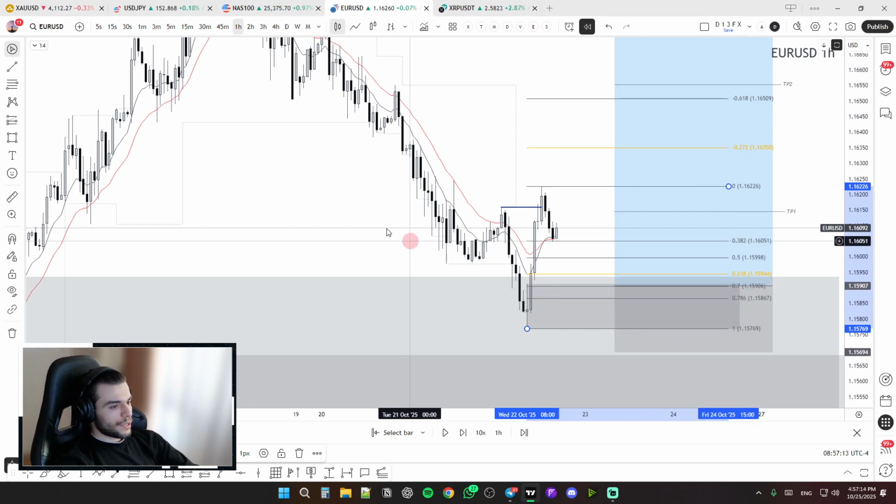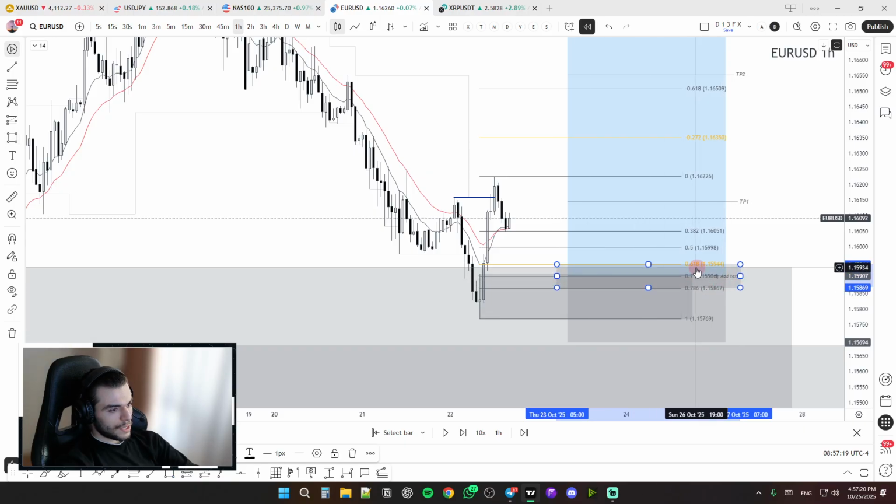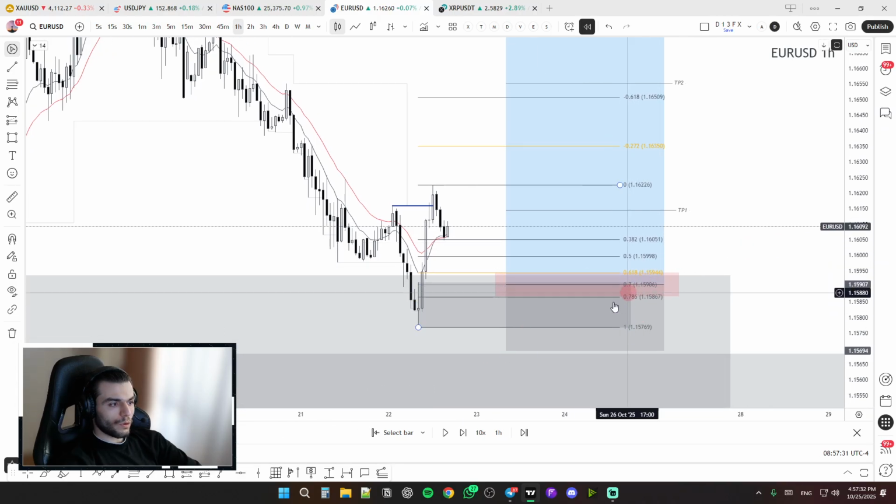Or that's just a golden zone, let's say, exact middle of 618 and 786 of Fibonacci. Yeah, that's exactly this. Yeah, that's the zone of entry.